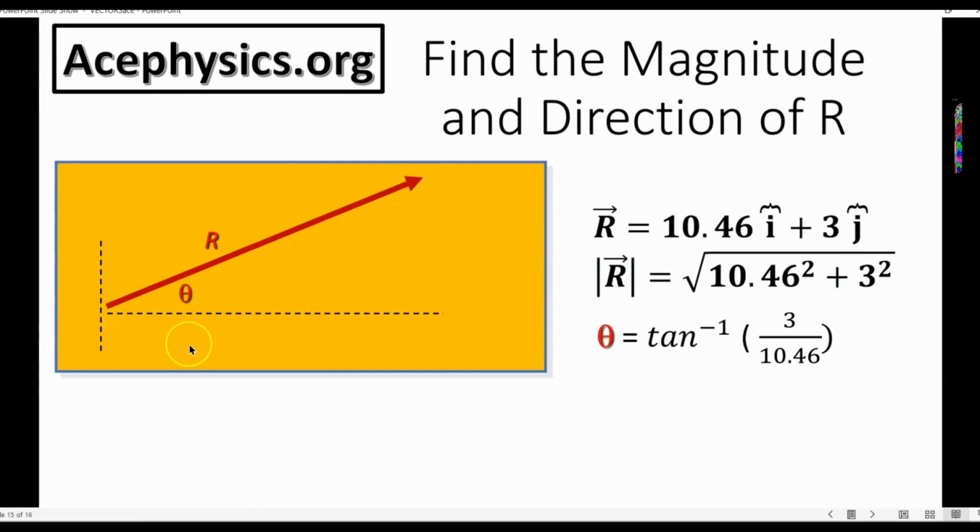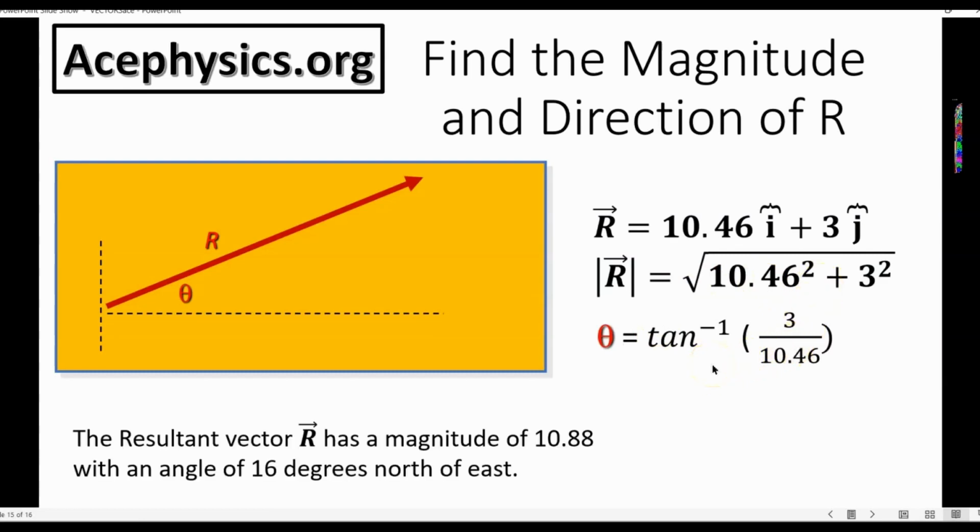If you notice, this vector r moves out 10.46 units in the x direction, then it moves up 3 units in the y direction. So theta is equal to the inverse tangent of 3 over 10.46. And the resultant vector r has a magnitude of 10.88 with an angle of 16 degrees north of east.